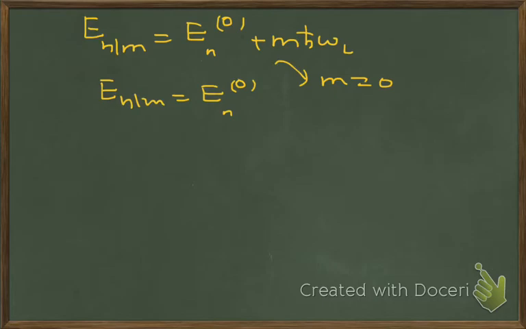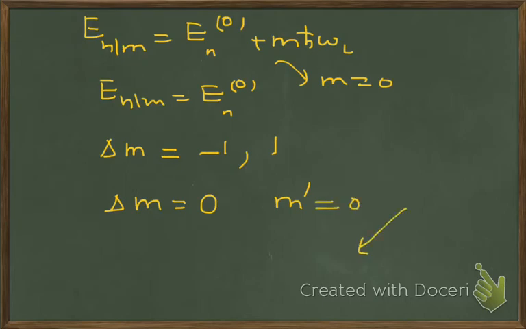So this splitting leads to transitions, which are restricted by the selection rules delta m equal to minus 1 and 1. The transition with delta m equal to 0, that is, transition from m prime equal to 0 to m equal to 0, is not allowed.